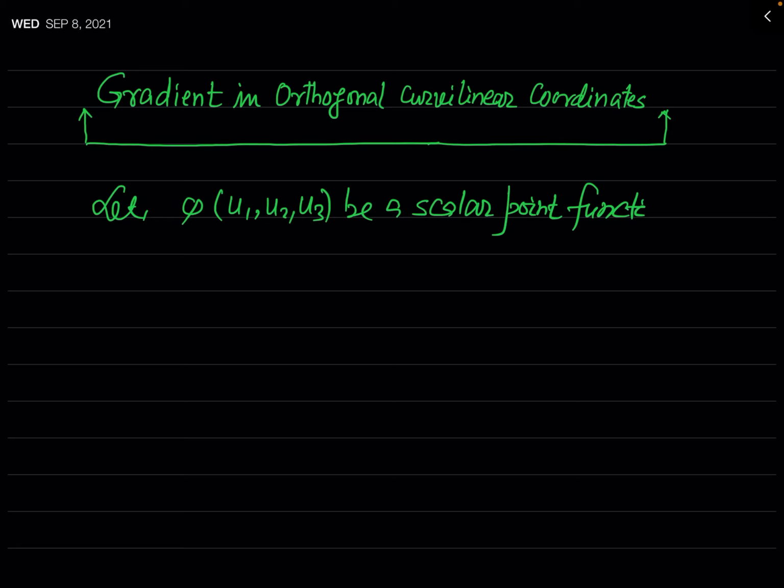You can see I have considered that this scalar function phi is a function of the curvilinear coordinates u1, u2 and u3. So you can say that this scalar function is given in terms of the orthogonal curvilinear coordinates.